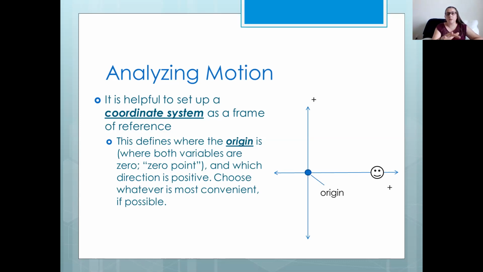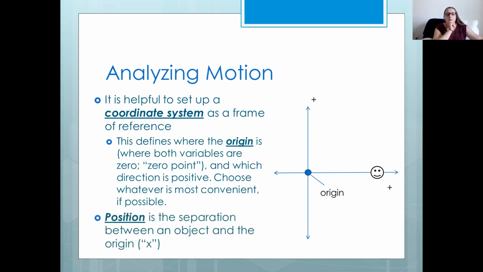So usually we're used to seeing up and right are positive, down and left are negative. But really we can choose whatever is most convenient based on the situation. As long as you keep it consistent throughout the entire problem, you could say down is positive if you wanted to. So a coordinate system is helpful for that.